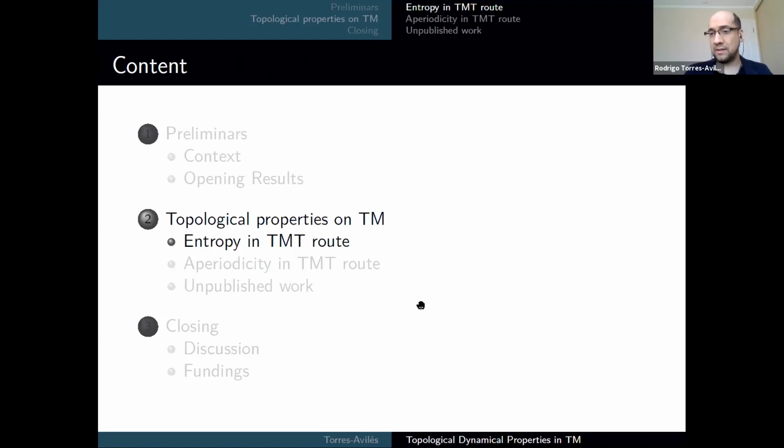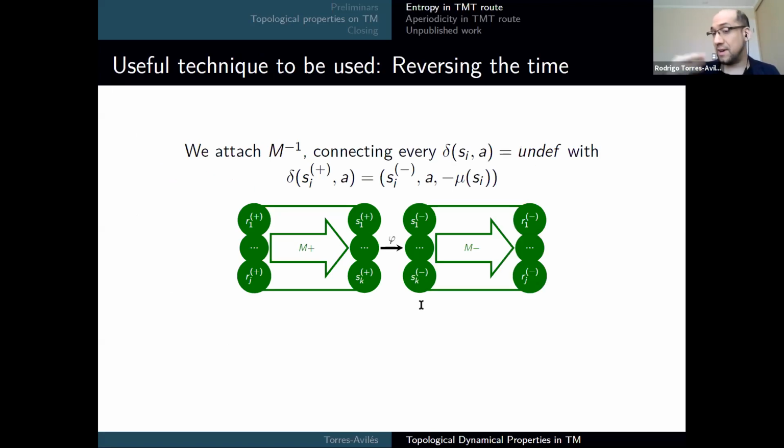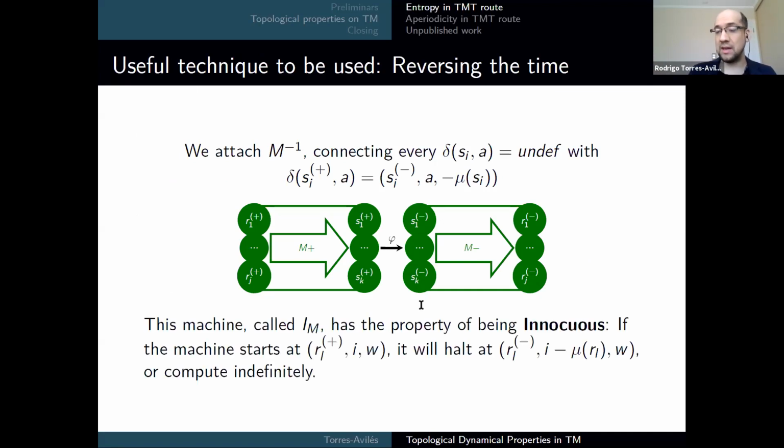The first one that I want to address is the entropy route. First of all, we need some technique to understand part of this result. This technique is called reversing the time. If we have a Turing machine that is reversible and incomplete, we can attach the reverse Turing machine through the homeomorphism phi, such that this machine gets a property called innocuous.